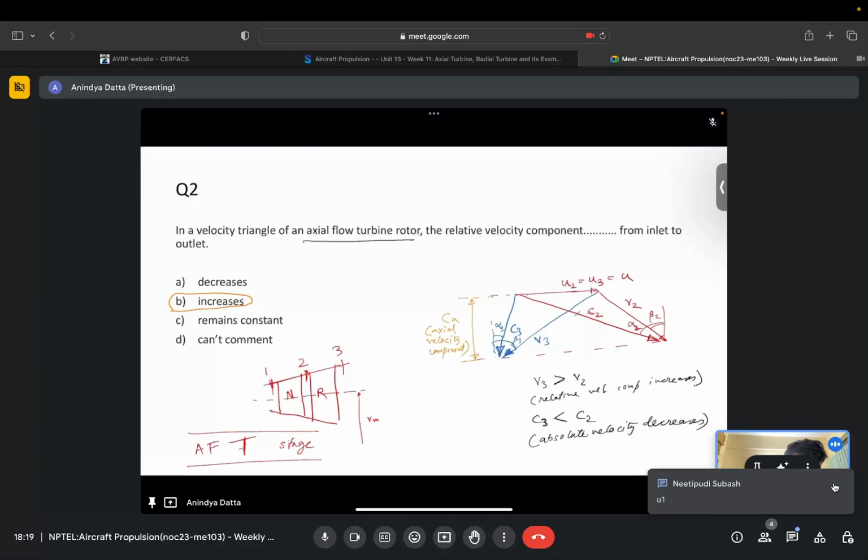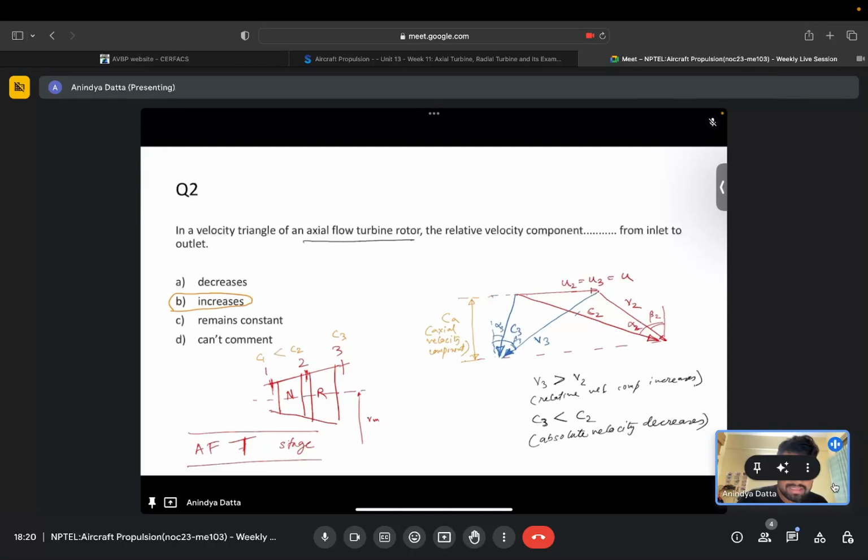In the nozzle, between 1 and 2, if the absolute velocity changes, let's say this is the absolute velocity, your C2 will be larger than C1. C is the absolute velocity.